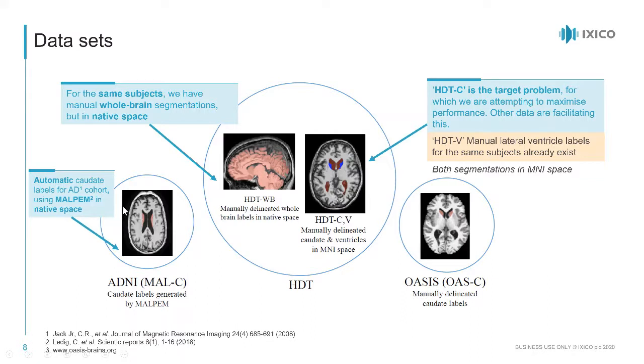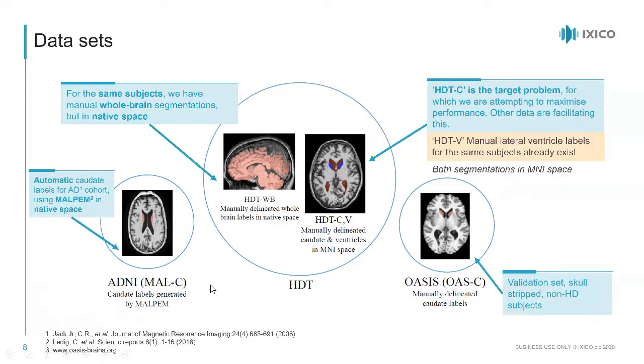Using this data, we've applied the MALPEM pipeline to get the automated labels of the caudate. So this is the same ROI as our target distribution, but a different disease population, and also the labels are automatically gathered, not manually labeled.